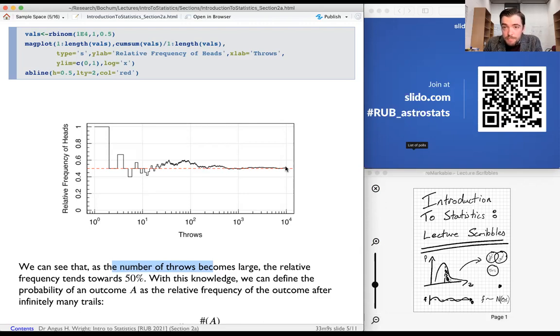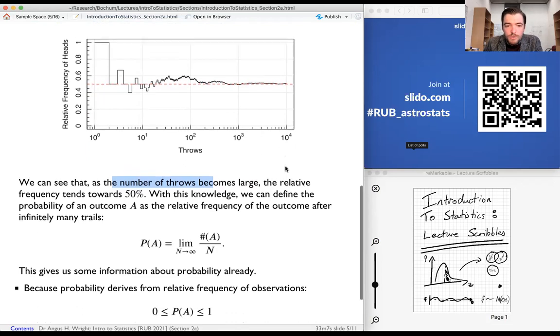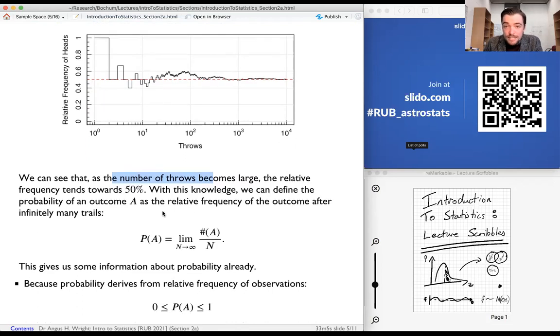That turns out to be important, because it means we can formulate the probability of an outcome as the relative frequency of that outcome after infinitely many trials, after a very, very large number of trials. So the probability of the outcome A is equal to the relative frequency of A as the number of trials goes to infinity.